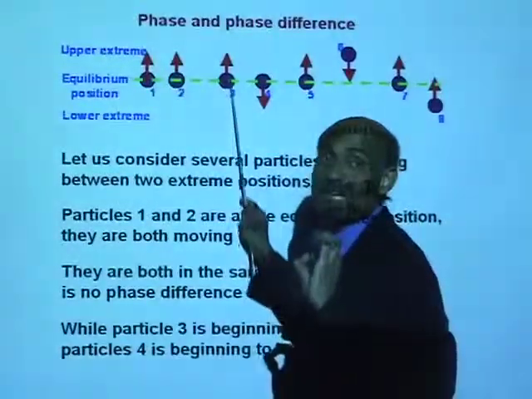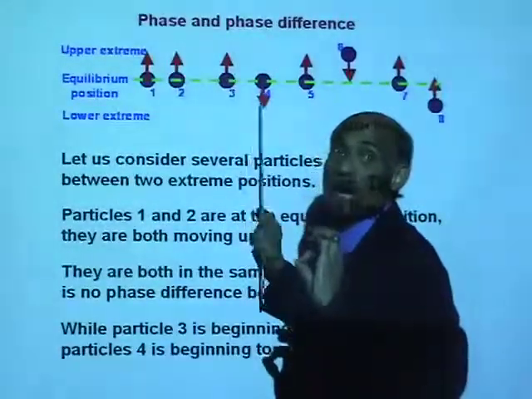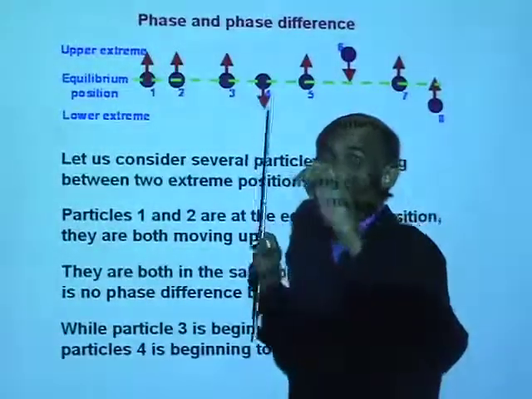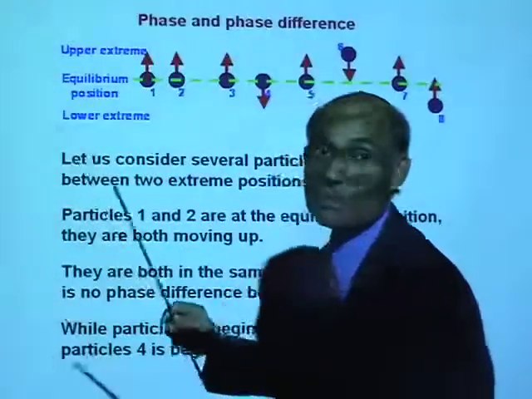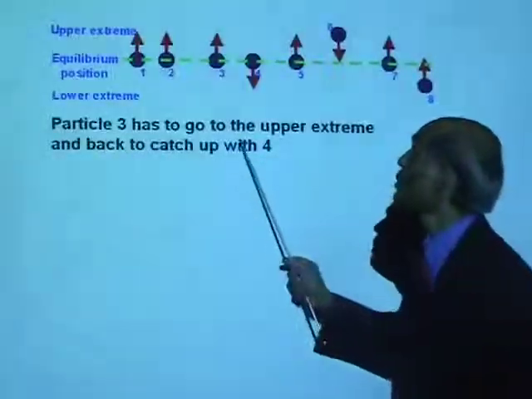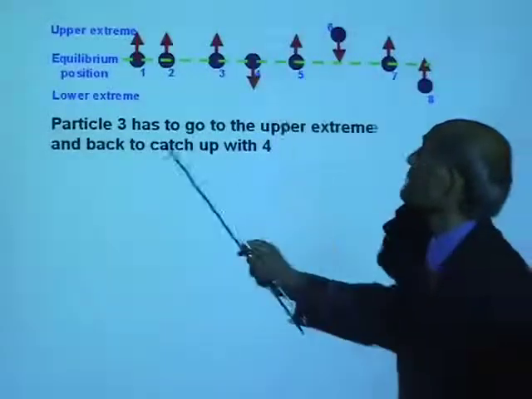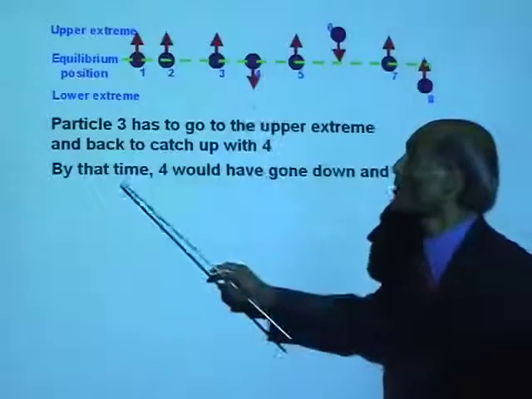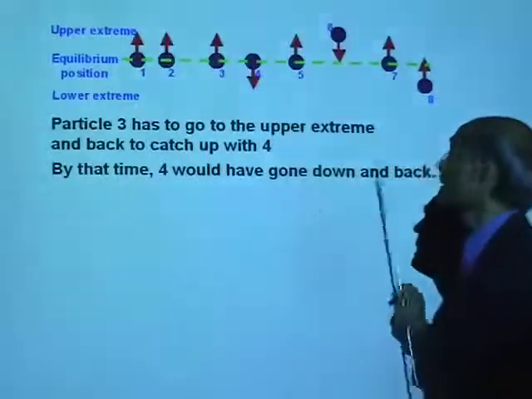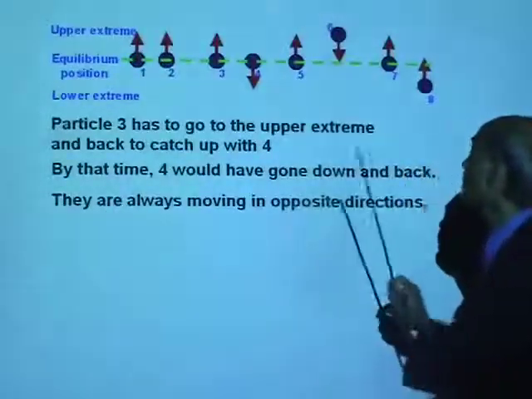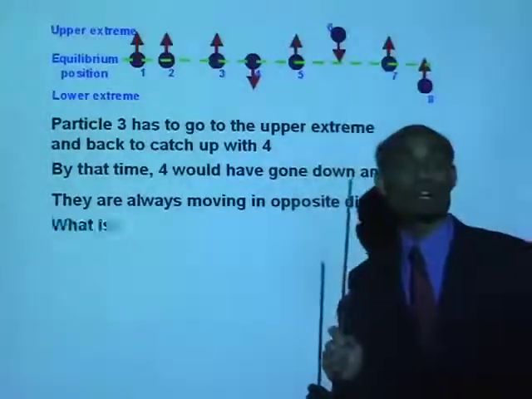When particle 3 begins to move up, particle 4 has completed half the vibration and begins to move down. I hope you got a picture of what that is. Particle 3 has to go to the upper extreme and back to catch up with particle 4. So by the time 4 would have gone down and back, they are always moving in opposite directions.